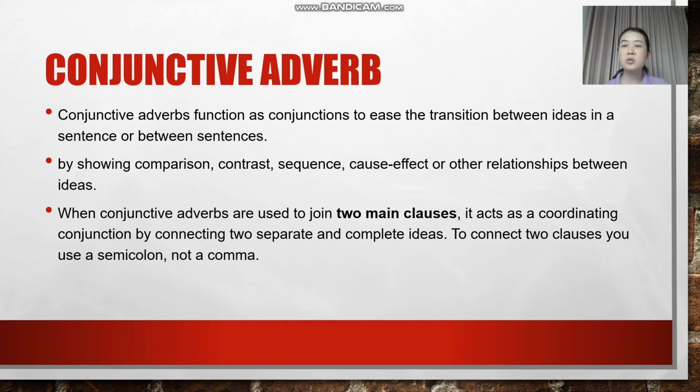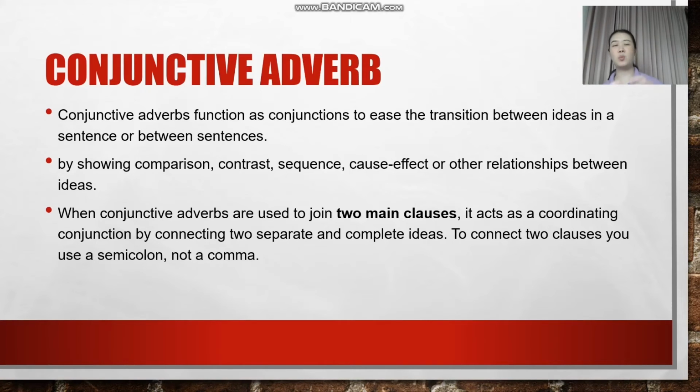And when we are using the conjunctive adverb to join two main clauses, it acts as a coordinating conjunction. Now, we will discuss the coordinating conjunction later, by connecting two separate and complete ideas. To connect two clauses, what you need is a semicolon, not a comma.